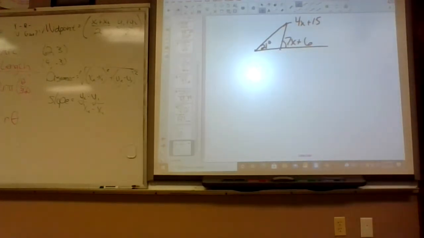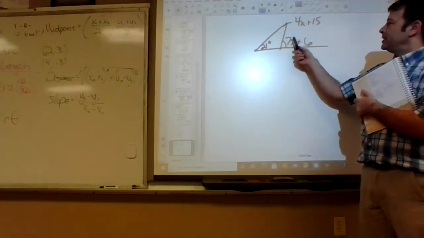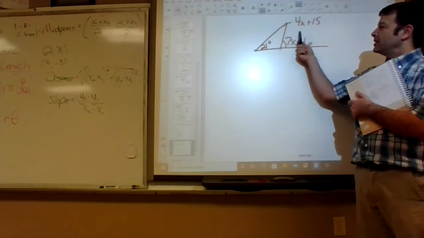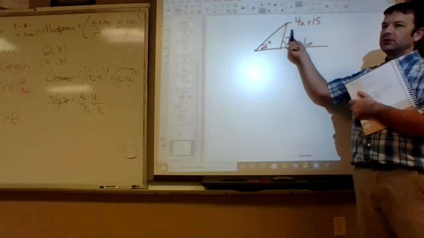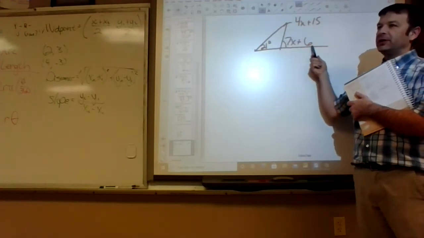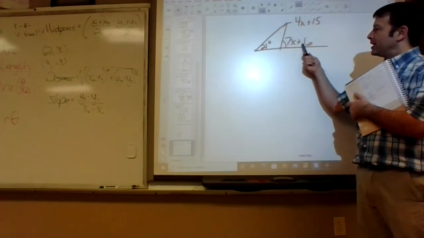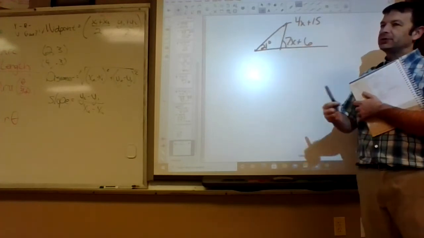Well, we can find the x value by using the 7x plus 6. Okay, how can we find the x value? How are these three angles supposed to be related to each other? What kind of angle is this right here? If it's outside the triangle like this, what's it called? Exterior angle.